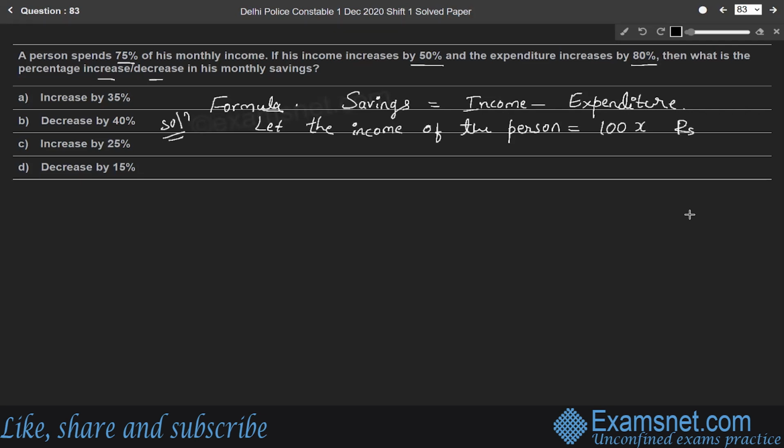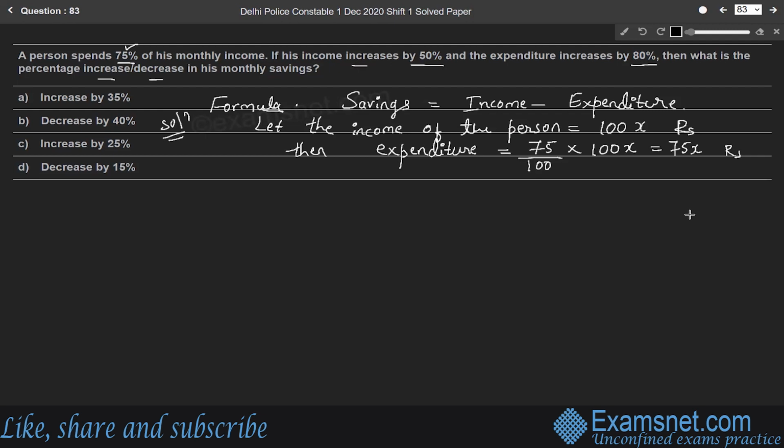So, according to the question, he spent 75% of his monthly income. So for 100, he spends 75 rupees. Therefore, for 100x, he spends 75 into x rupees. His expenditure is 75x rupees.